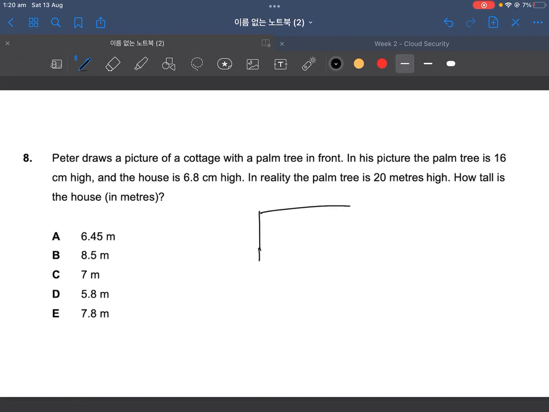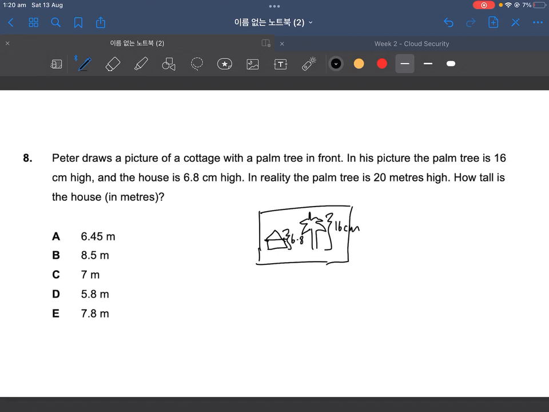So Peter, on his lovely piece of paper, draws a palm tree. Now, if you excuse my drawing, actually that's not very bad. And then I have a house, don't I? Okay, and in this drawing, he measures the palm tree to be 16 centimeters and the house to be 6.8.